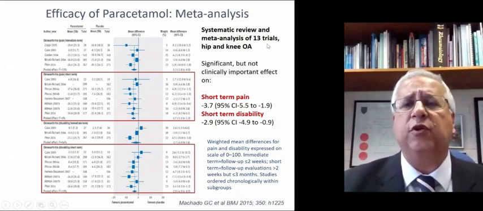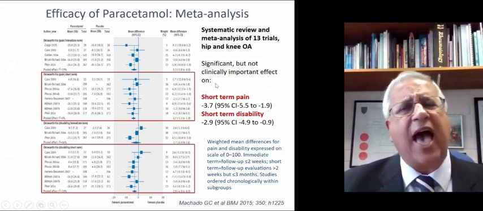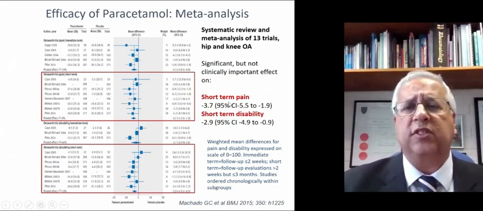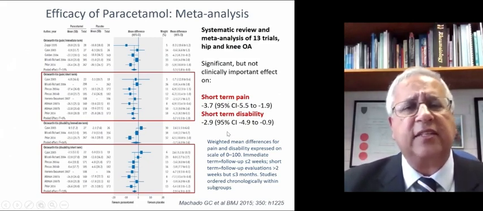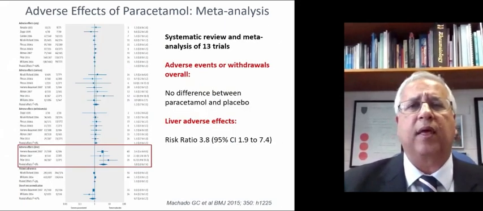Undoubtedly, in this review of 13 trials using paracetamol for hip and knee OA, there is a significant and borderline clinically important impact on short-term pain and short-term disability, and an effect size that averages at 0.14.